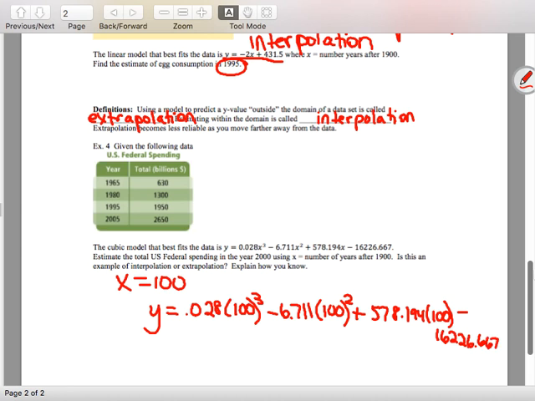What kind of number? 16226.667. Not so weird. Money? Yeah, it's money. 637 billion.